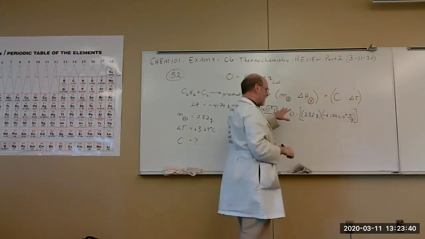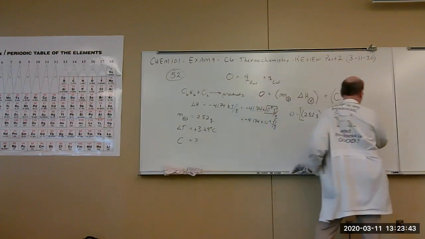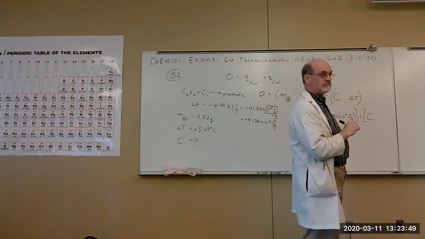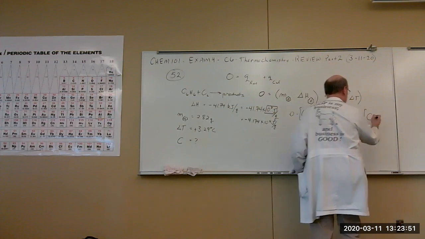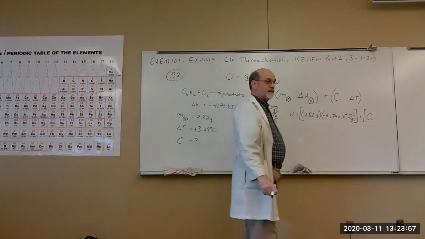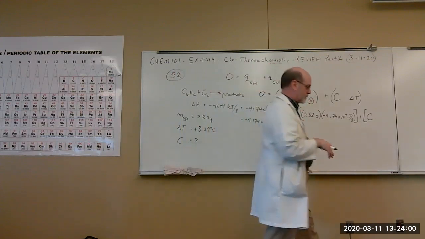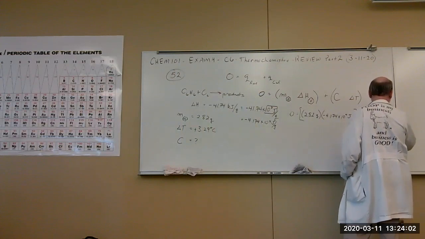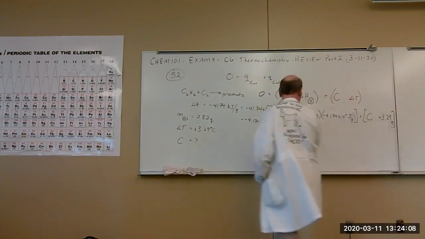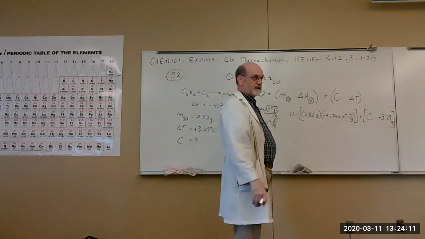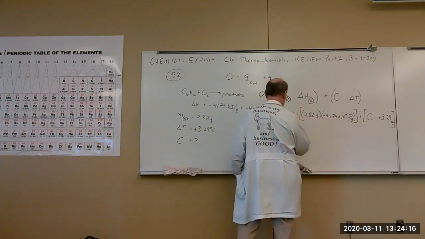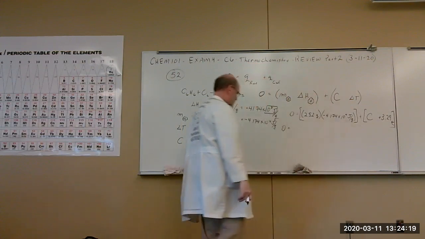There's our reaction term, and now our calorimeter term is our unknown. We don't know what that is. But we do know what the change in temperature is, don't we? Positive 3.29 degrees. So that means the final temperature is higher than the initial temperature. Positive 3.29 degrees C. Now that's all the thinking done. We just solve for the calorimeter constant.